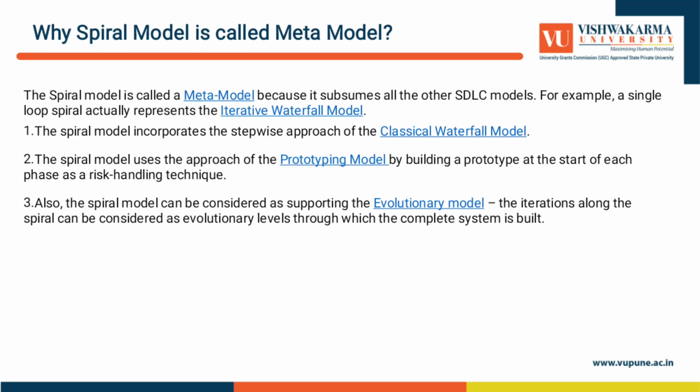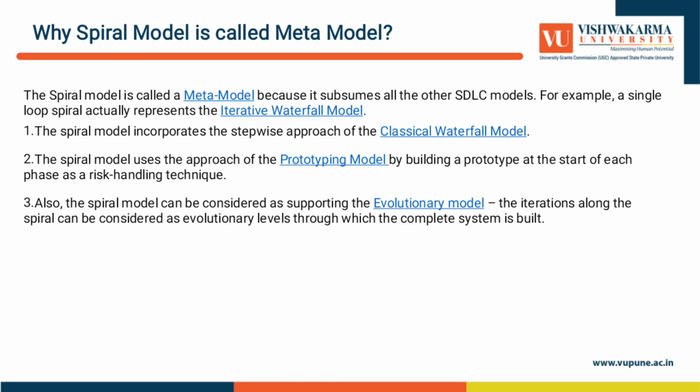Now we will see why the spiral model is called a meta model. The spiral model is called a meta model because it subsumes all the other SDLC models. For example, a single loop spiral actually represents the iterative waterfall model. The spiral model incorporates the stepwise approach of the classical waterfall model.